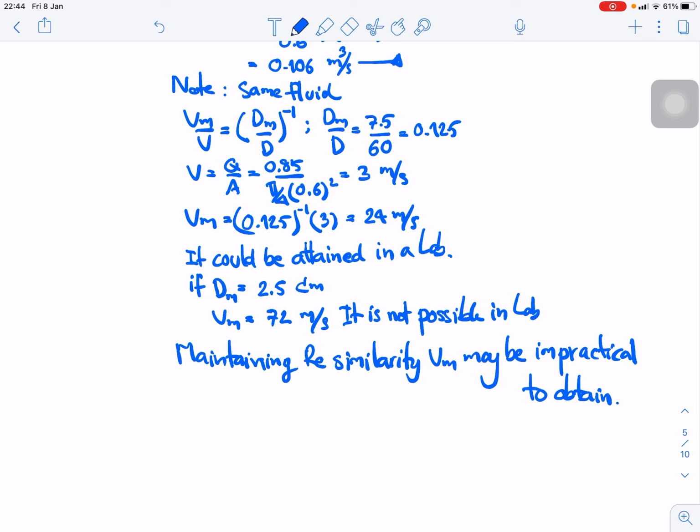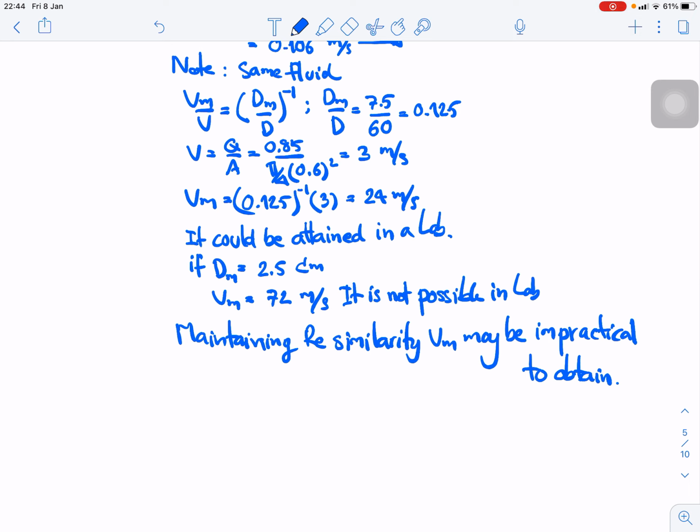In this case, if the diameter is too small, 2.5 centimeters, then Vm is very large.